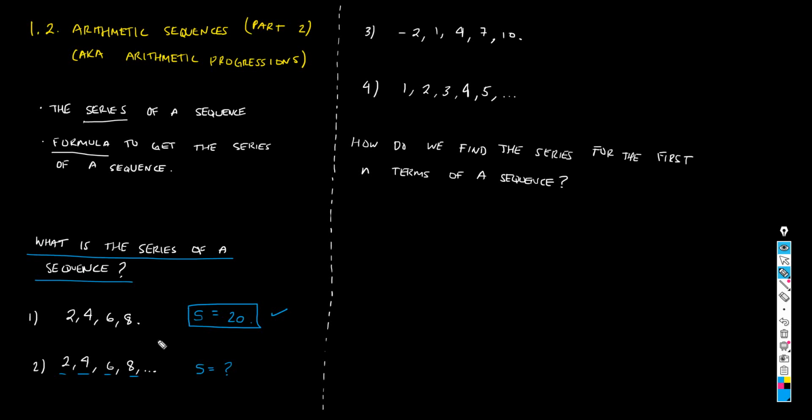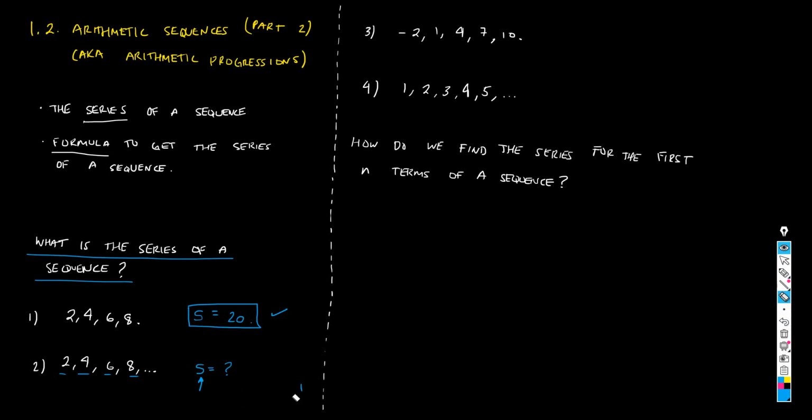So asking for the series of an infinite sequence does not make sense, at least not at this point. A little later, I'm going to convince you that in some specific cases of infinite sequences, we can find the series, but not yet. We don't know about that stuff yet.